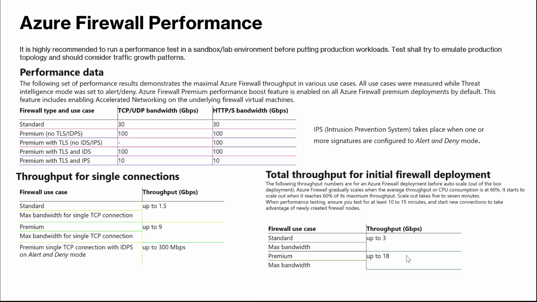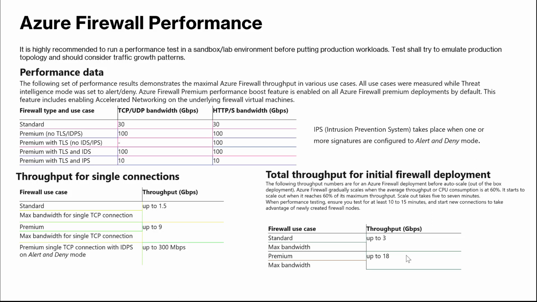Now, from the performance perspective, as always, it is highly recommended to run a performance test outside your production. This is important to see how your firewall would perform in your given workload. Needless to say, you should try to emulate your network topology as well as consider traffic growth patterns, right? This particular slide gives you the bandwidth performance data, right? Standard is 30 Gbps.